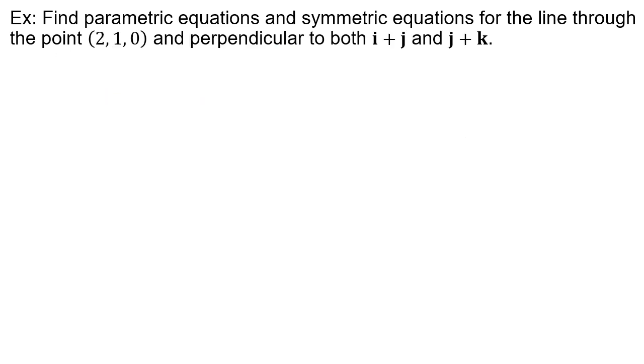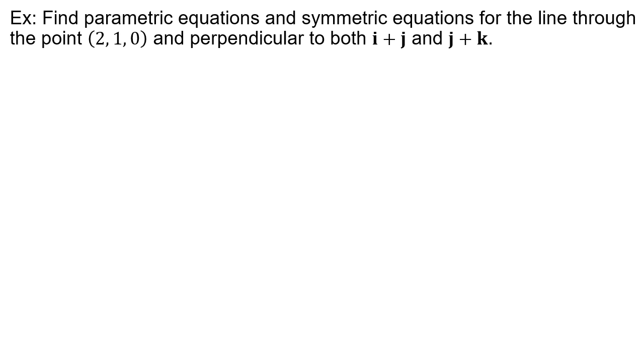Okay, this one says find the parametric equations and symmetric equations for the line through the point 2, 1, 0 and perpendicular to both i plus j and j plus k. So here we're not given a vector v, but we know that it has to be perpendicular to these two vectors.